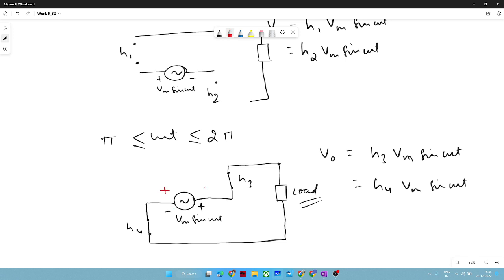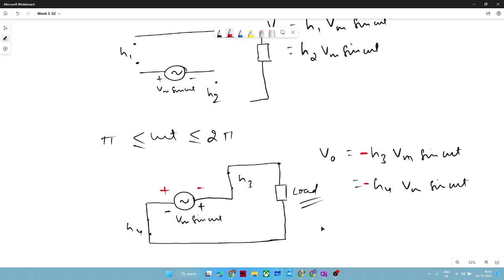If I stick with this kind of polarity, then this is minus here, right? So I need to include minus to account for that reversal of polarity, because these values are changing in your waveform, but you need to write it in a single expression. So I write it in terms of minus.